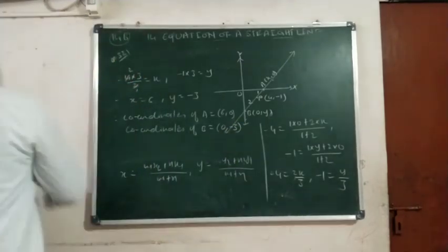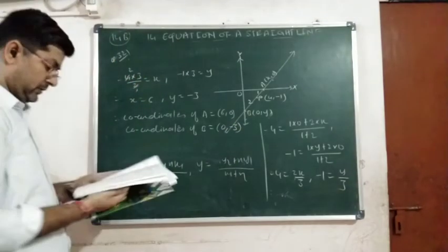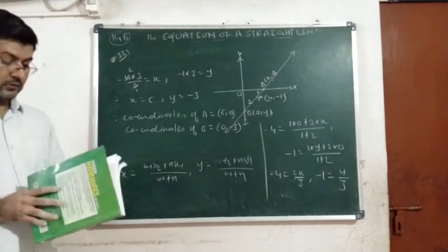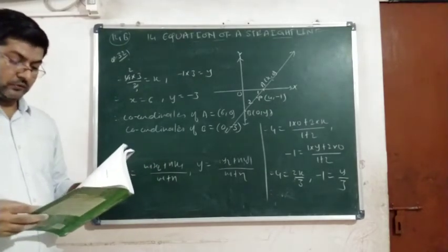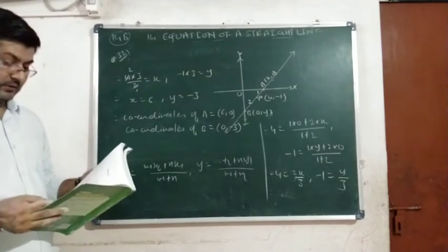Clear? So we got the coordinates of A and B. So the first question of 31 is over.